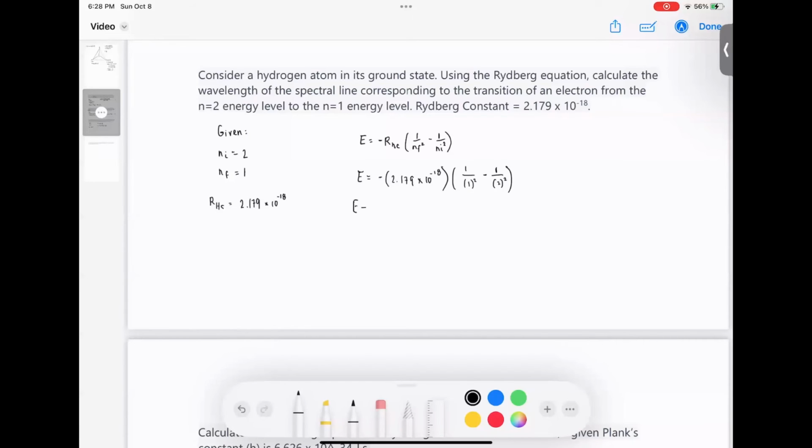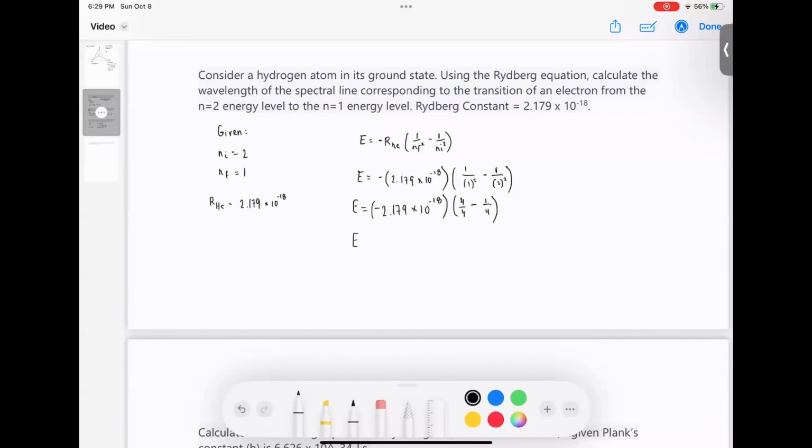So we get E equals negative 2.179 times 10 to the power negative 18. And that would just be 1 over 1, which we know is 1. So we'll just put that as 1. Minus 1 over 2 squared, which is 4. Cool. And we can also turn that 1 into 4 over 4 now, since we know that that is also equal to 1.